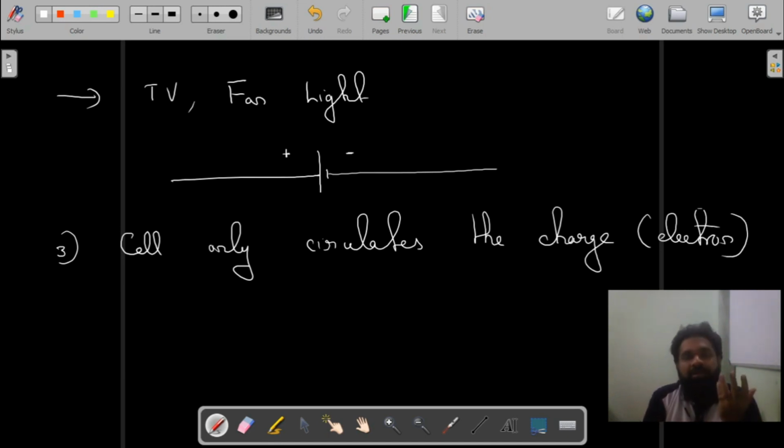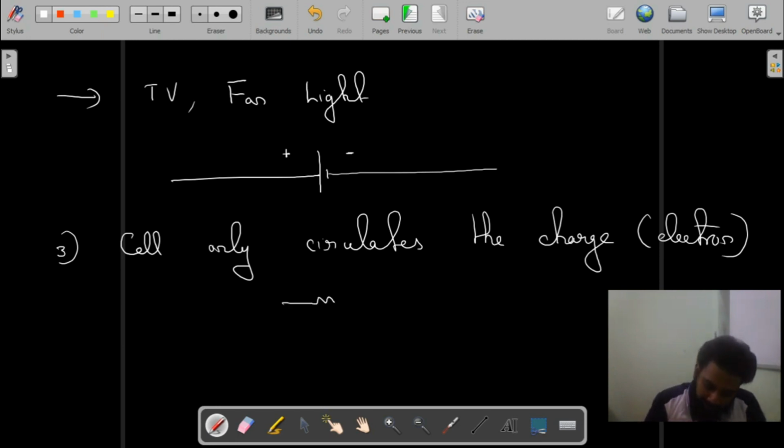What a cell does is make the electrons move around the circuit. So that is why we say a cell only circulates the charge. It doesn't make any charge.